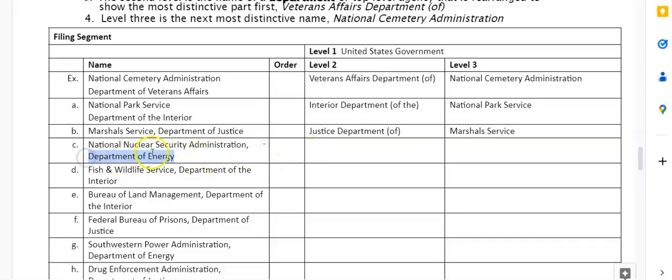So this is what I want to focus on for level 2. So energy is the most distinctive name of the department. So Energy Department of is my level 2. For level 3, that's National Nuclear Security Administration.